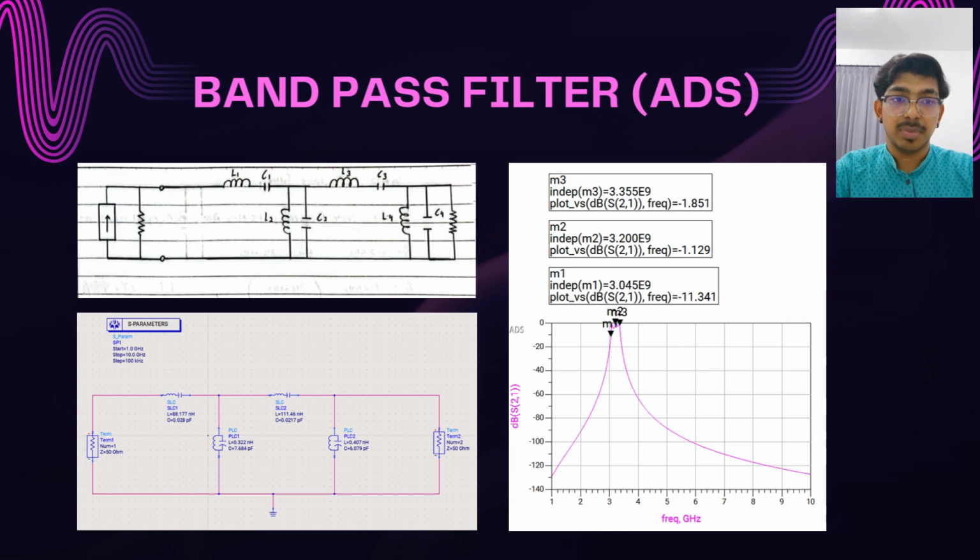Within the passband, the insertion loss is very small, meaning that the desired RF signal can pass through efficiently with minimal power loss. Outside the passband, the attenuation increases rapidly, showing that unwanted frequencies are effectively rejected.